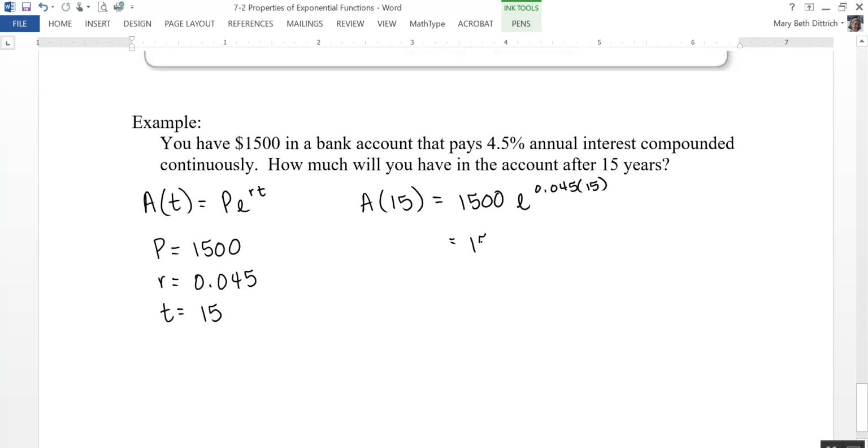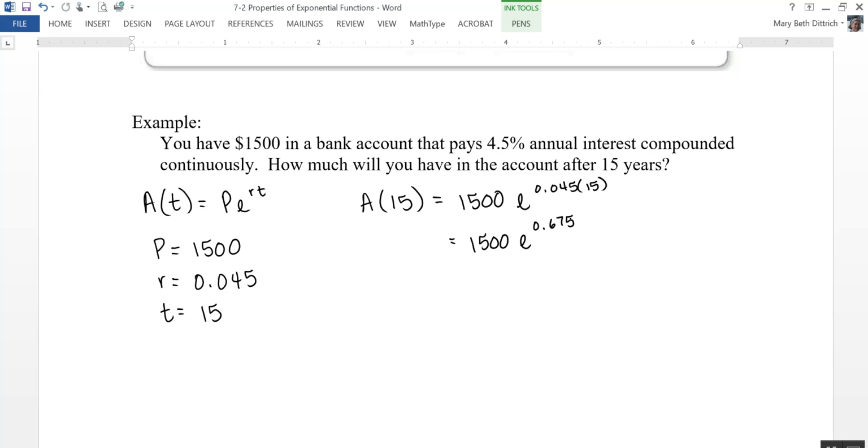Okay, so 1500 times e, and when I multiply those two numbers in my exponent, I get 0.675. And now I'm going to put this into my calculator. You actually have an e button on your calculator. I don't remember off the top of my head right now, but you do have to hit perhaps the second, and it might be the divided by sign. Look for a little e right above one of the keys.